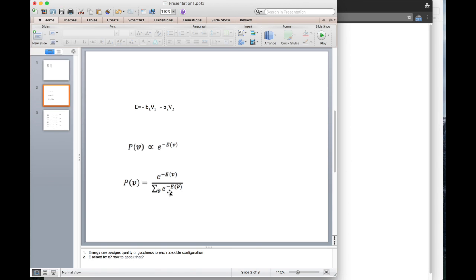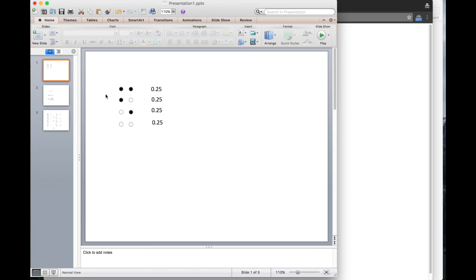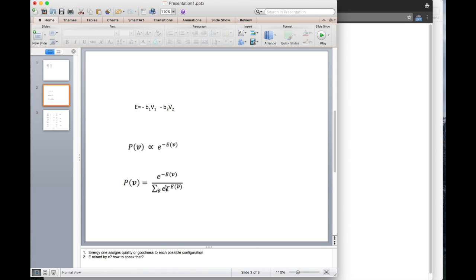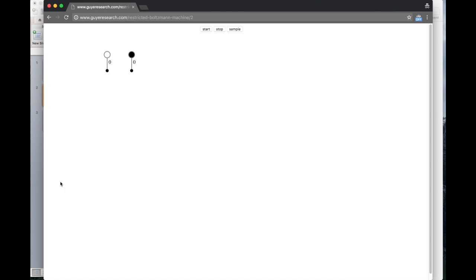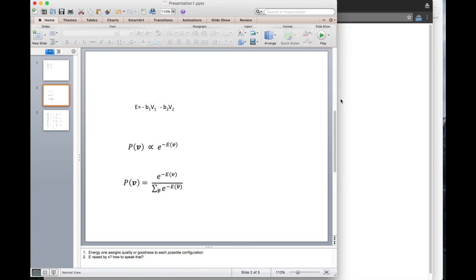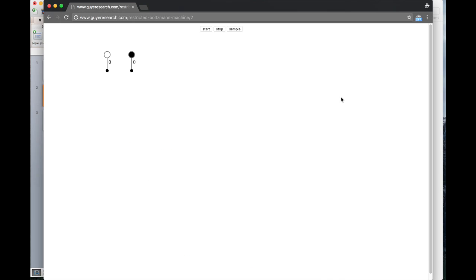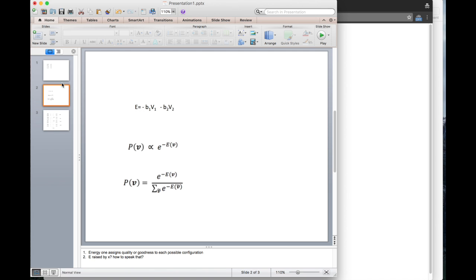For this system, the denominator will simply be the sum of these exponential terms of these 4 different configurations. So that's the reason why you want to write the energy function in a very specific way. But in this example, the energy function is the same for all the 4 different states, because the weight is always 0, so the energy will be 0 for each of the 4 configurations.